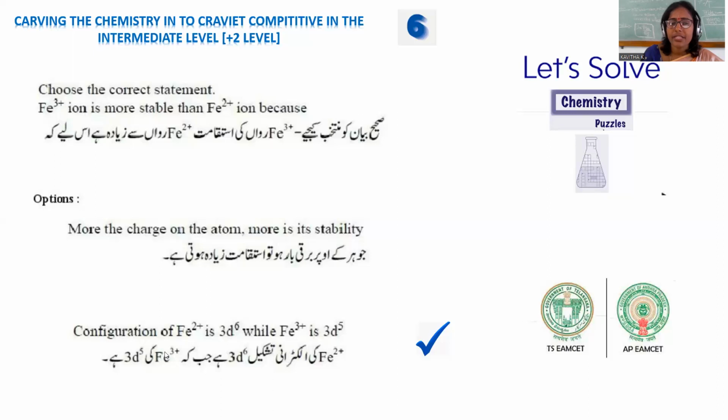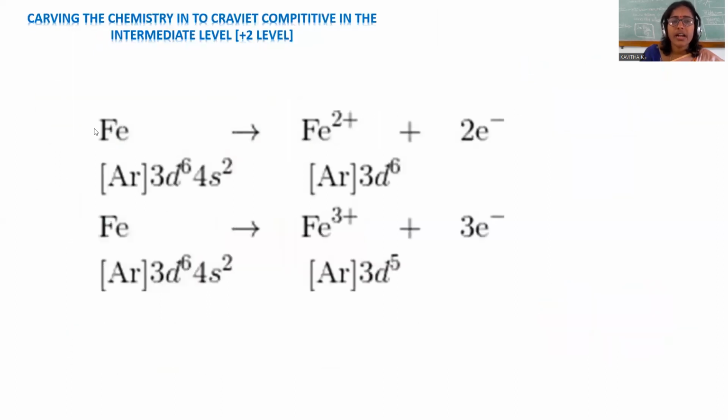Let's see how we can explain it in detail. Iron's electronic configuration has argon, the noble gas, taken over here, and 3d6 4s2 is the valence shell configuration. It is a d6 system, where 3d6 and 4s2 is the outer electronic configuration. To convert neutral iron into the plus 2 oxidation state, we have to remove 2 electrons.